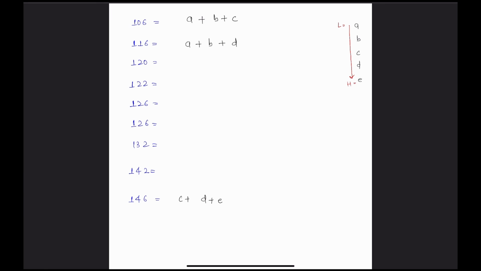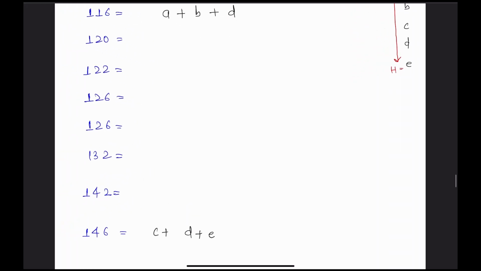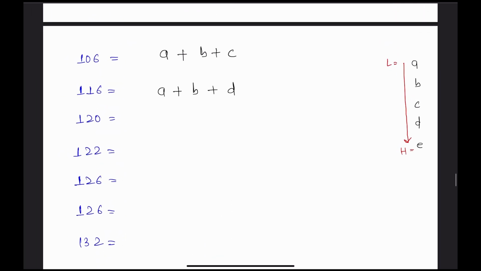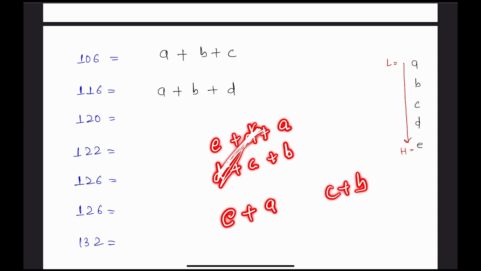For the third largest, someone might say e plus d plus a, or it might be d plus c plus b. D is common, cancel, so eventually it comes to e plus a versus c plus b, which is bigger? e is bigger than b, but a is smaller than c.